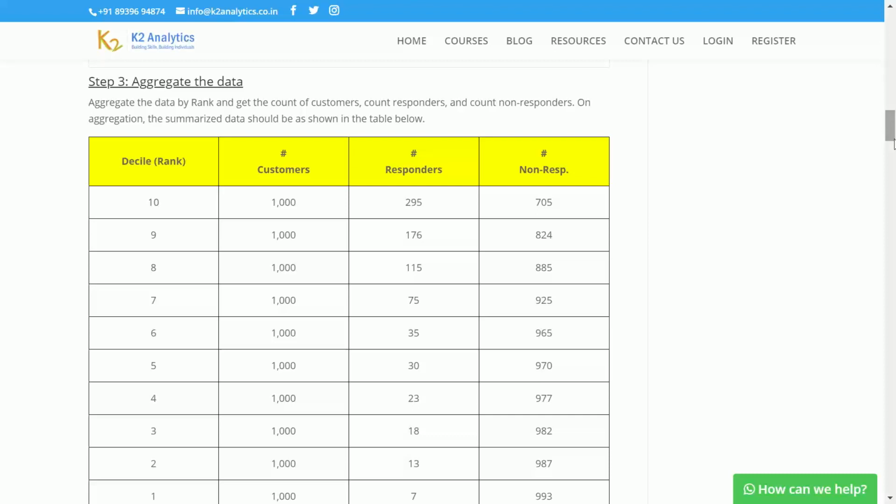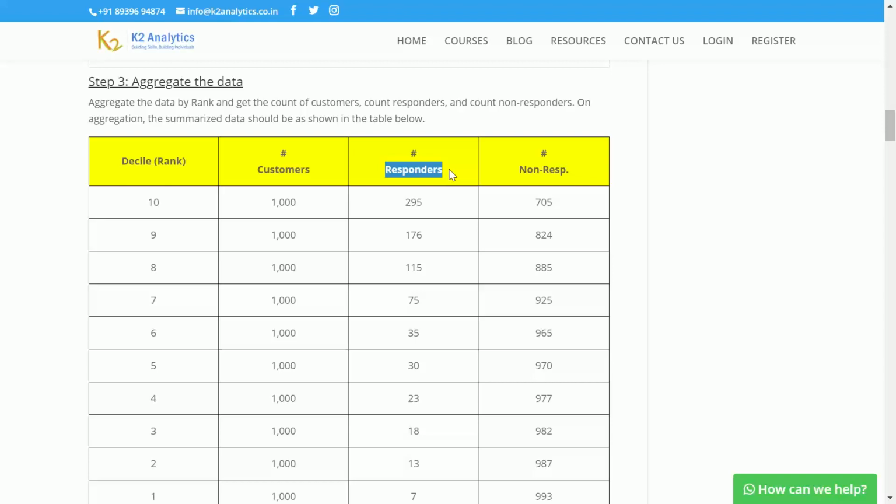In case I would be using a risk model where I'm trying to predict default, I would have said how many defaulters are there in each decile. In case I would be building a model for churn, I would have said how many churners or attriters are there. So depending upon the objective of the model development, you may use a term conveniently. Here for our discussions, I'll keep using the term responder.